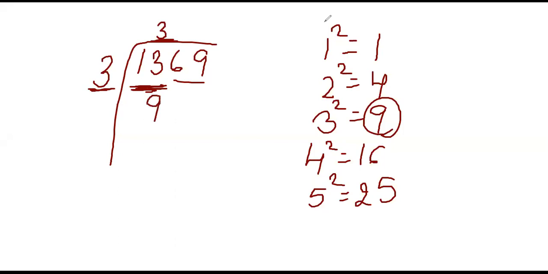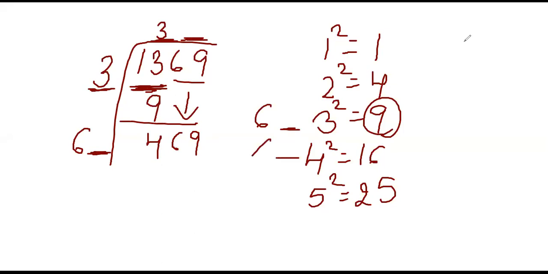3 3s are 9. 13 minus 9, 4. Take down 69. 3 plus 3, 6. Now again you will choose this number with the 6. Check it.